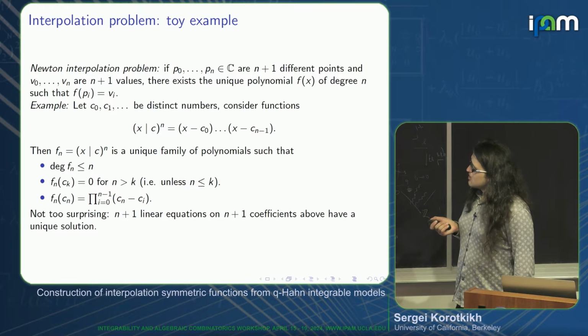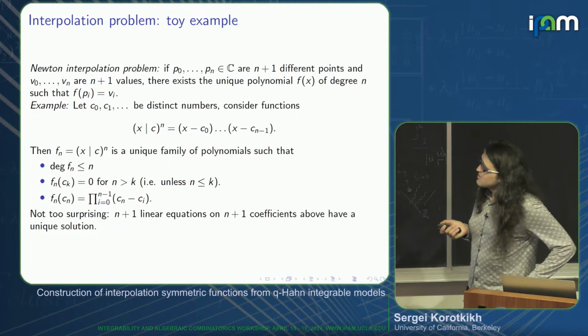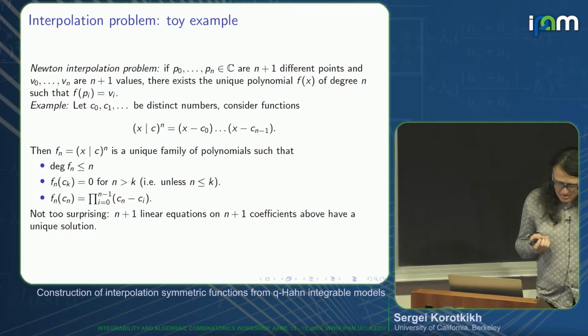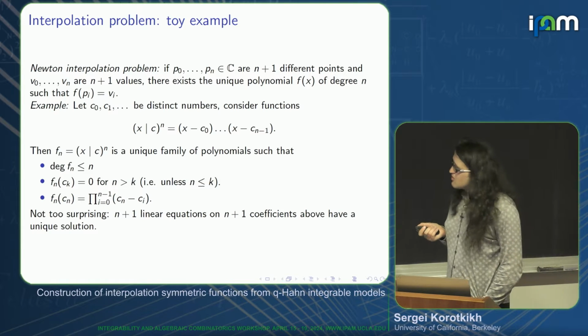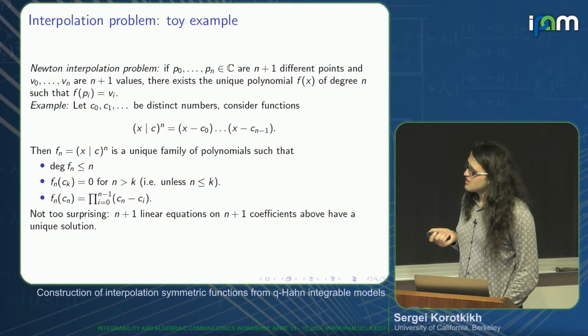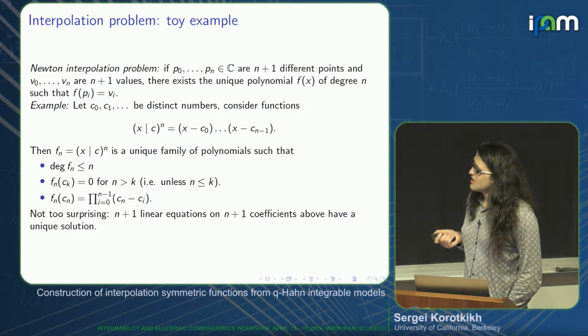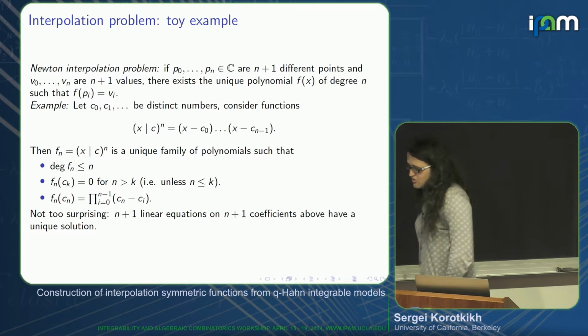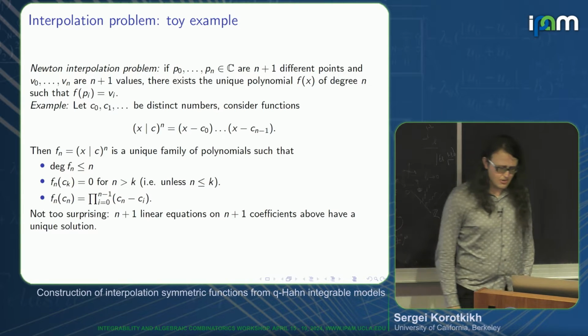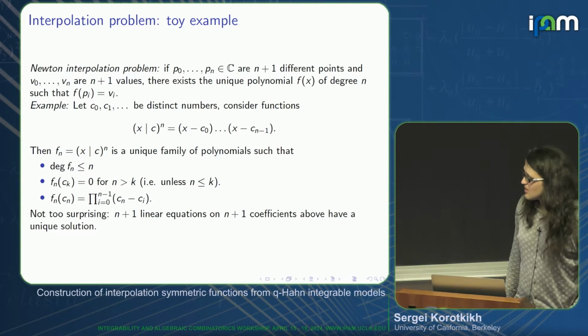For these polynomials, we have that they are uniquely determined by the following properties. First of all, these are polynomials of degree not greater than n. Then these polynomials vanish at all the points c_k, where k is less than n. And finally, they are normalized by their value at the point c_n.